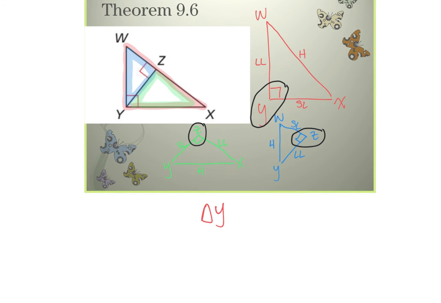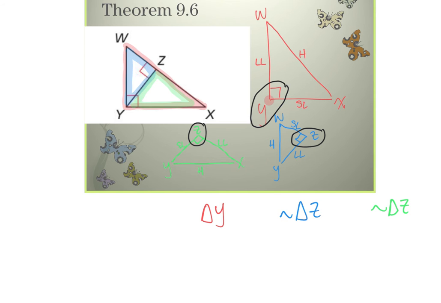So we're going to say, all right, triangle Y, because that's the red triangle, and that's going to be similar to triangle, let's start with Z for the blue one, and then we're going to start with triangle Z for the last one, for the green one. Now, you can go whichever way you want, but if we're starting with Y in the red one, where would you like to go?